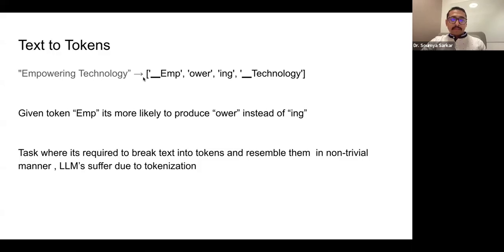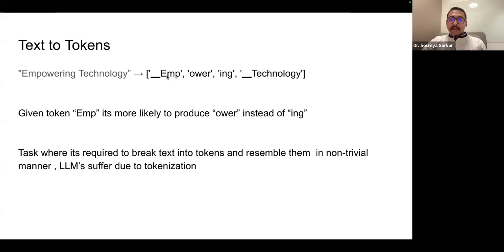It may or may not break this into "empowering". Here this is done using the GPT-2 tokenizer, but for GPT 3.5 it will be similar, where it will take this input and break it into tokens: EMP, power, ing, technology, like this.